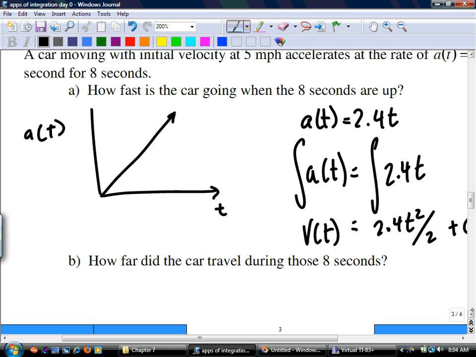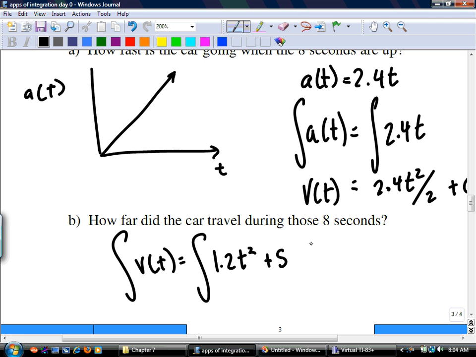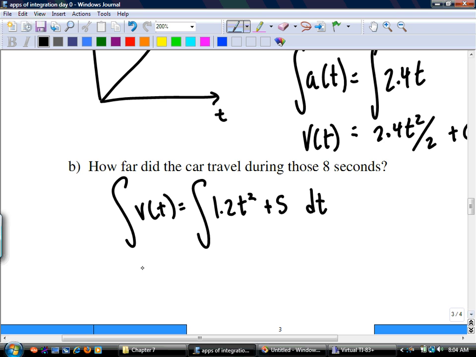How far did the car travel? Mr. Epp, take the velocity and integrate it now. So, integrate V of t. Integrate 1.2t squared plus 5 dt. Well, the antiderivative of velocity is position. 1.2t cubed over 3 plus 5t plus c.